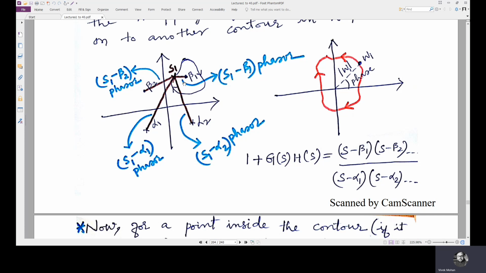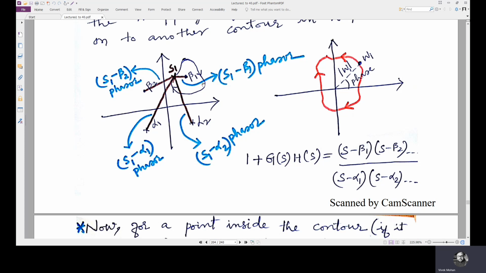Let us see that. For all the points outside the contour, what happens is, for every upward movement of the phasor when you traverse the contour, suppose we are considering the point beta 2, then the S1 minus beta 2 phasor moves in the upward direction on this side of the contour, and while moving through the other side of the contour, it moves in the reverse direction, so it cancels the same angle, right?